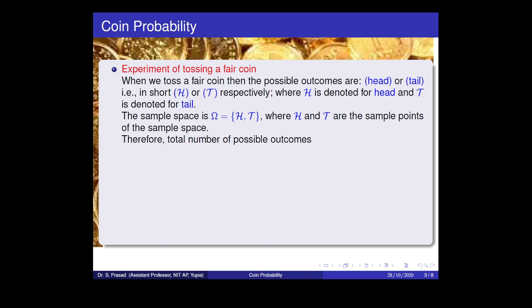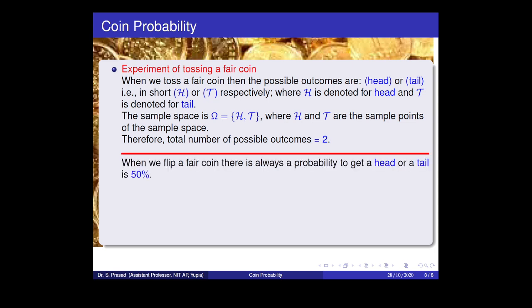Therefore, we find the total number of possible outcomes for tossing a fair coin is 2. After that, when we flip a fair coin, the probability of getting a head or tail is always half, that is 50%.